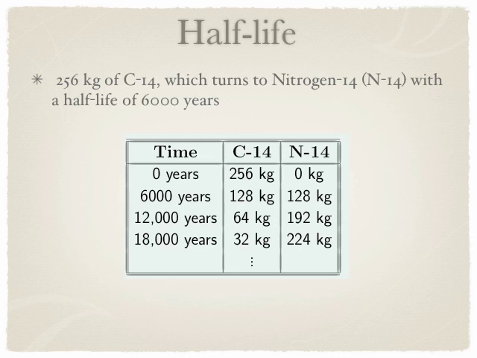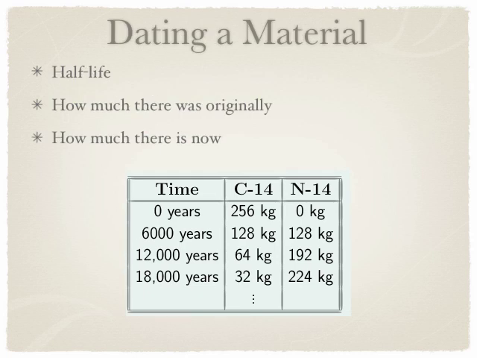So there's this clock, and we can use this clock to determine the age of a material. If we know the half-life of a radioactive material, and we know how much there was originally, that's one trick that one has to be a bit more careful on, and we know how much there is now, and that's usually easy to measure, then we can infer how old this thing is.